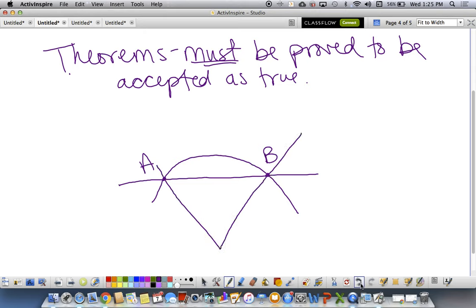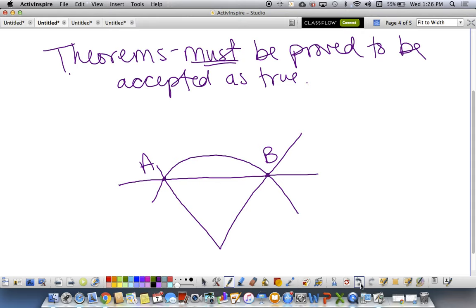Okay, I've got this little shape up here. Do you see that they all go through points A and B? Do we all agree with that? So when I ask you, don't say anything out loud: how many lines go through A and B?